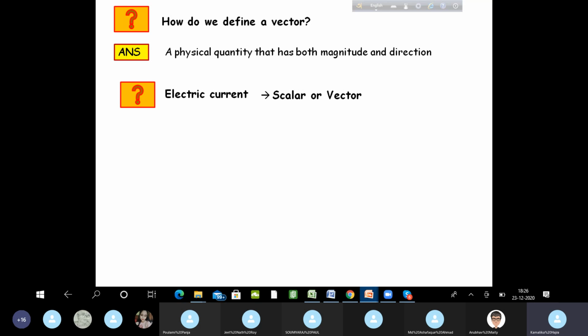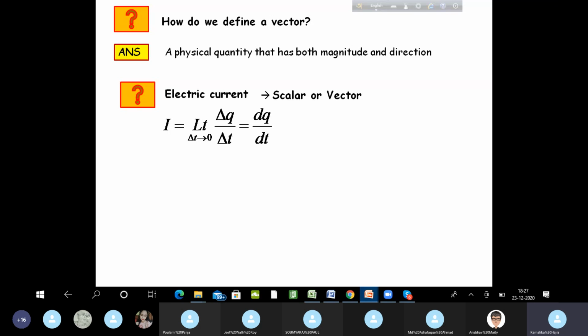Okay. So let's find a slide on the definition of electric current. Electric current is the limit as delta t tends to 0 of delta q by delta t, where q is the electric charge. So obviously there is no vector quantity in the definition, and so it is a scalar quantity.